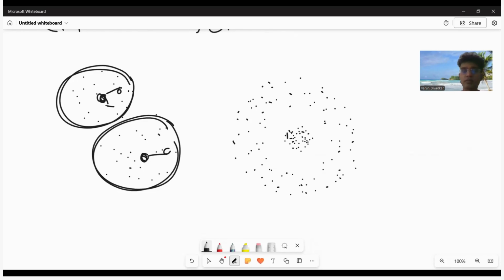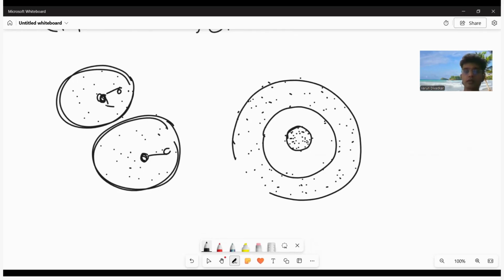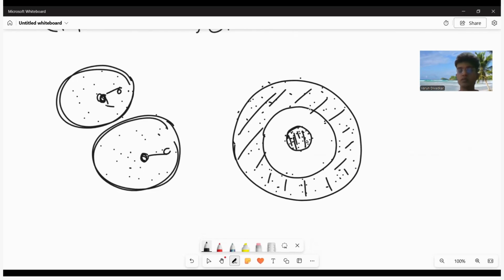So this shaded region seems to be one cluster, and this shaded region seems to be another cluster. That's clearly observable from your visual observation as well.